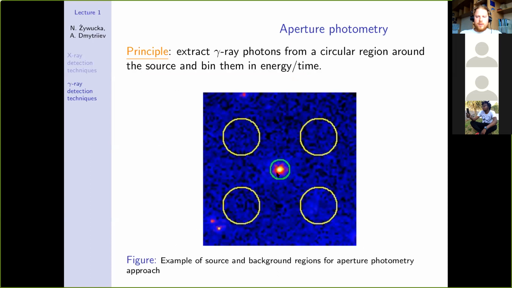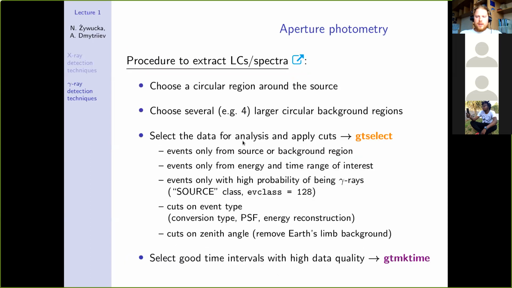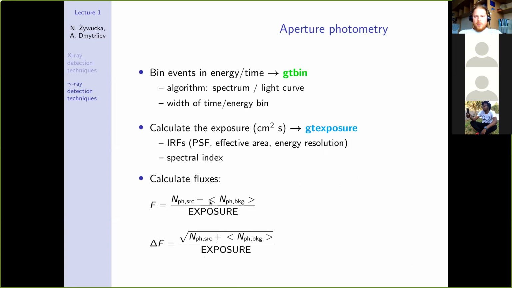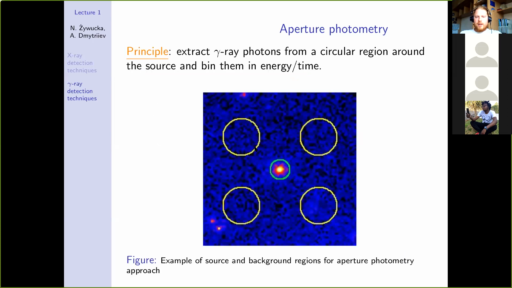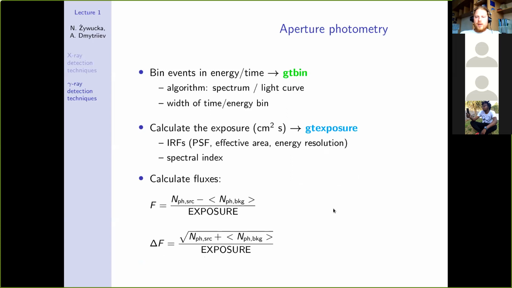These are counts from here, and background counts are from here. So the number of source counts minus the average number of background counts, normalized. If you have 4 times the area, you have to divide by 4. So averaged over 4 regions and normalized to the source region. So divide by 16 in our case.